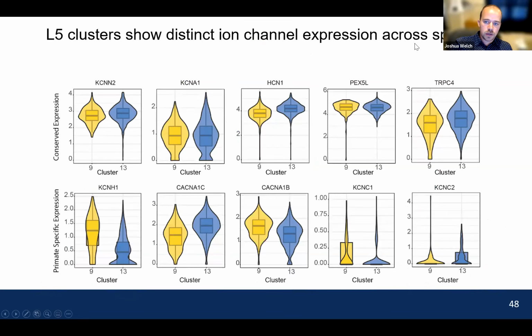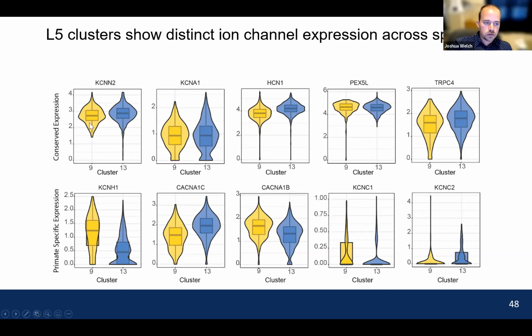And we dug a little deeper and found that we were able to replicate the result from the Nature paper, where they showed that there were some key functional genes, including ion channels, that were differentially expressed between the conserved and non-conserved L5 ET species.